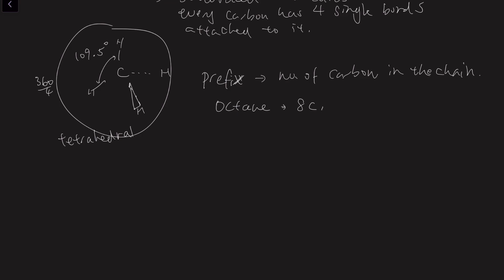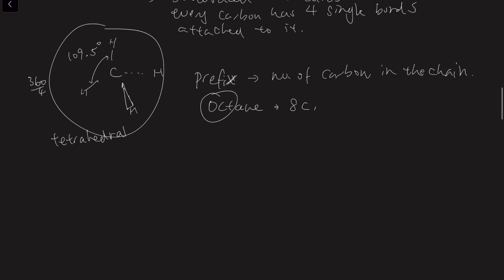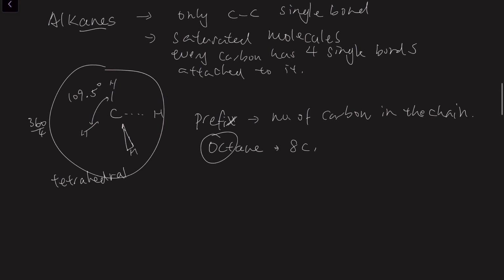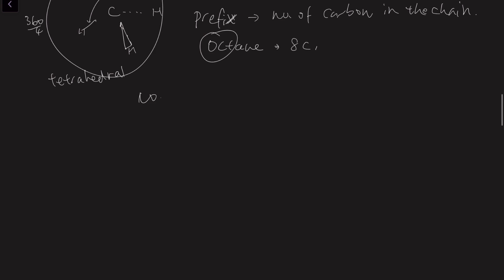We really need to know the rule of this prefix in order to work out how many carbons we have in the carbon chain. And this part is really heavily assessed in the exam. So let's draw out a table: number of carbons versus the prefix.